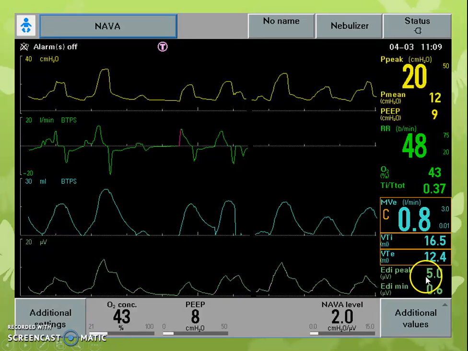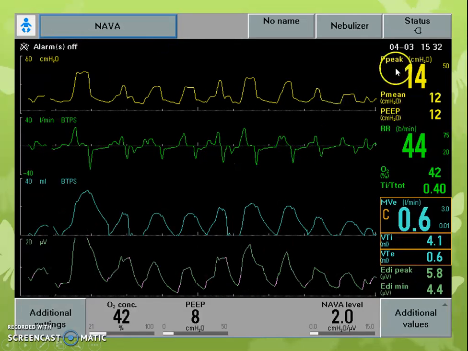If the patient EDI peak is consistently less than 20, like more in the lower teens or single digits like this, we need to go down on the NAVA level to let the patient do more of the work, because if we do more of the work, the patient's diaphragm can atrophy. You can see at 3:30, patient peak pressure dropped down further, respiratory rate 44, EDI peak in normal range, and we are on 42%, and we are still on NAVA level of 2.